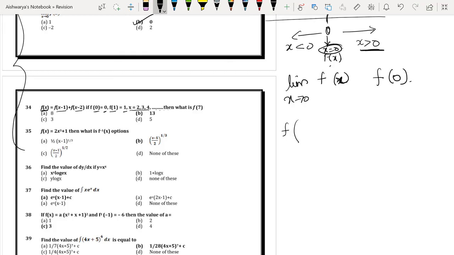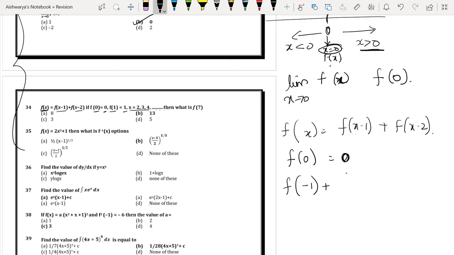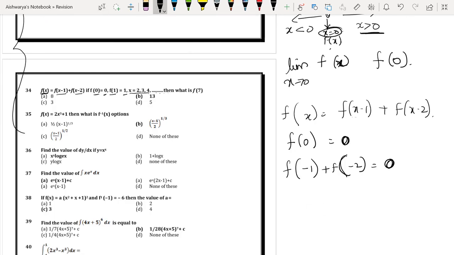Now they've given you f of x is equal to f of x minus 1 plus f of x minus 2. So f of 0 is given to us as 0. If I substitute 0 here, what will I get? f of minus 1 plus f of minus 2, this is given to me as 0. Similarly f of 1 is given to me as 1.